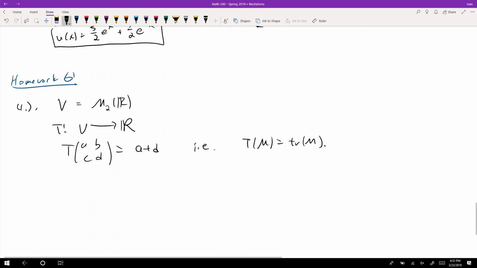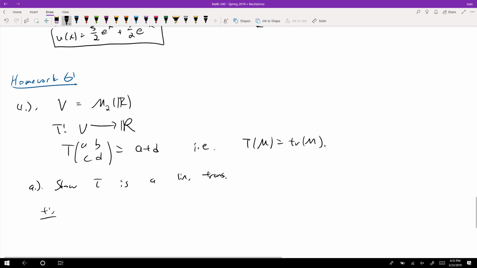Part A is to show that T is a linear transformation. So what are the criteria to show that T is a linear transformation? Closed under addition and closed under scalar multiplication, right? Let's look at addition first.